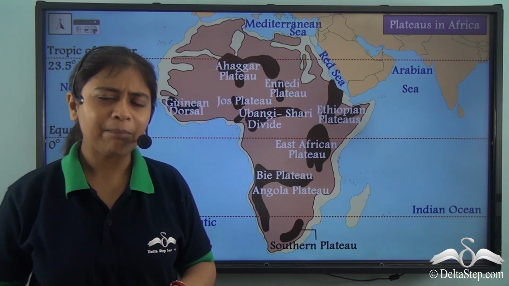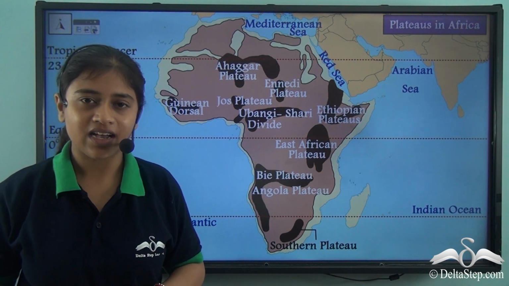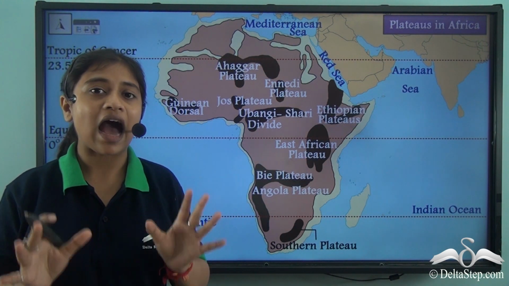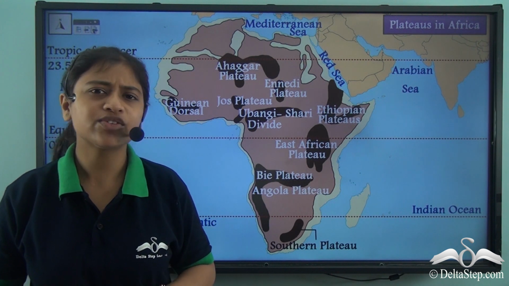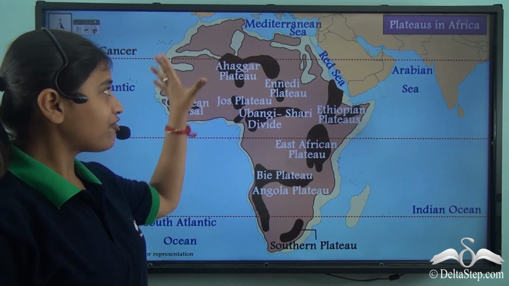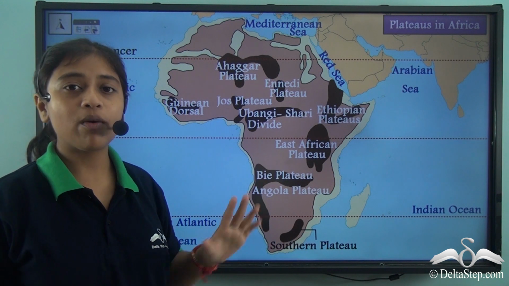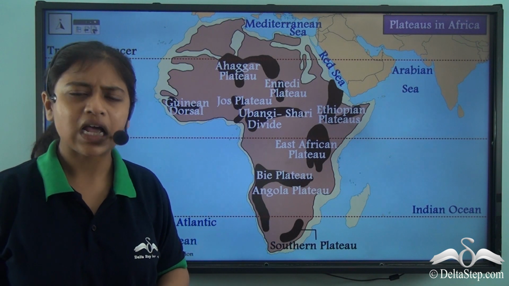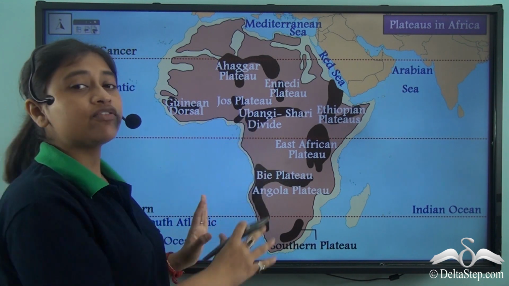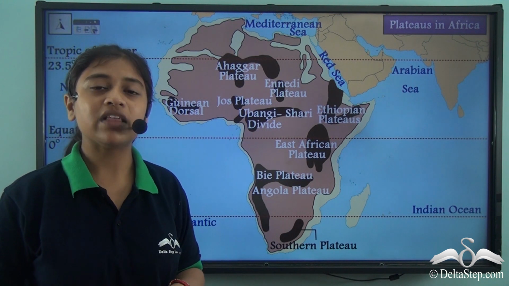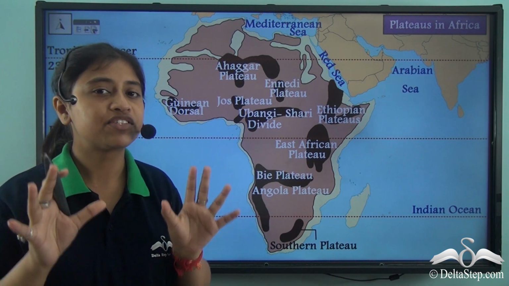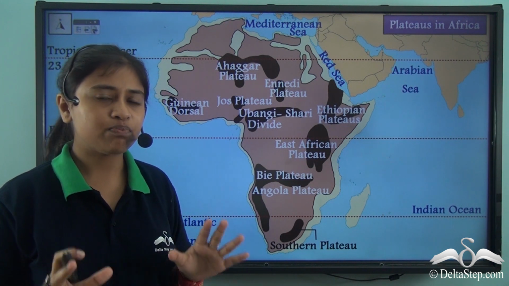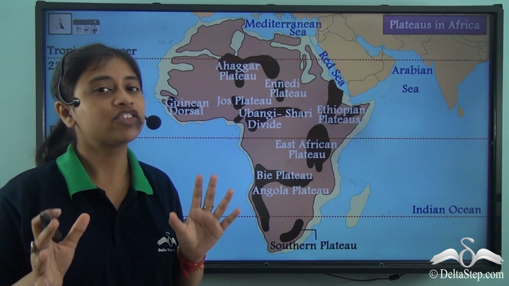So here is a map of Africa that tells us that most of the African continent is a plateau region. The African plateau that spans most of the continent comprises a number of smaller plateaus. So the African plateau is divided into different regions, and each plateau has characteristics of its own.